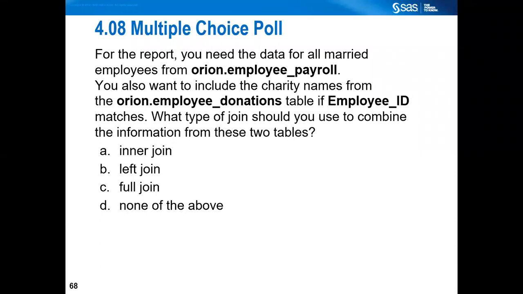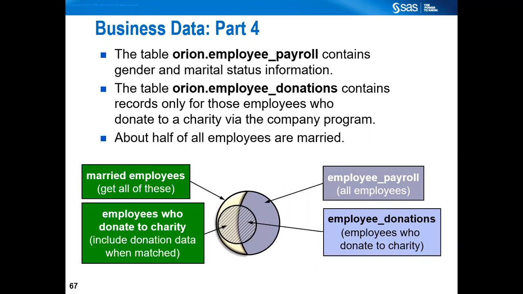Full join. Why? All married employees from the first table, left join. Look at this diagram. Right join. We need all the information. So which table will be your right table? Employee payroll will be your left table.